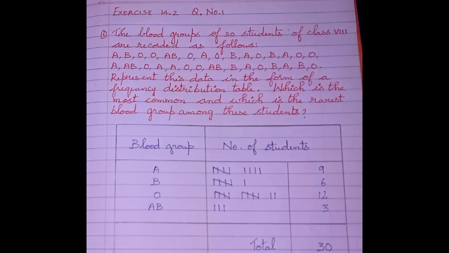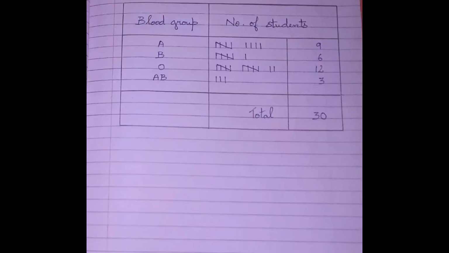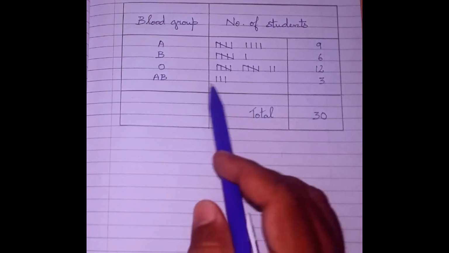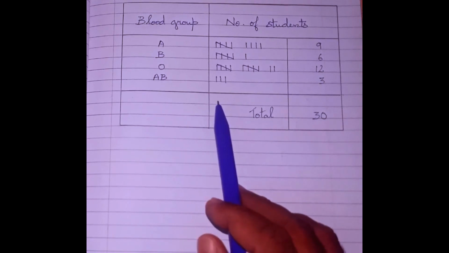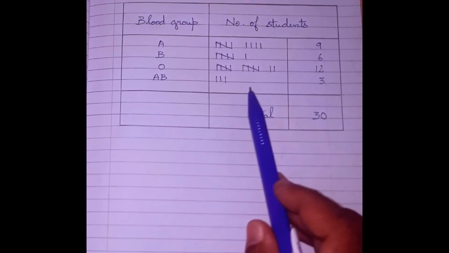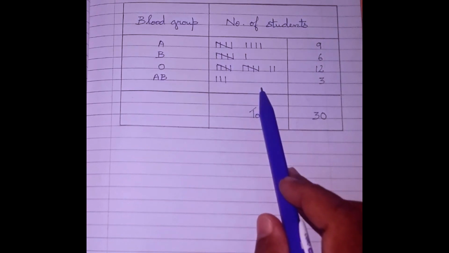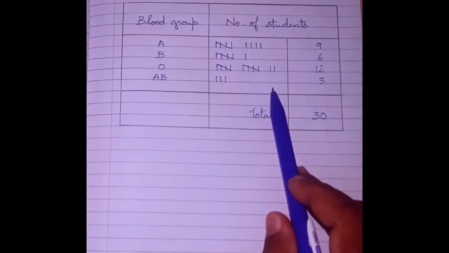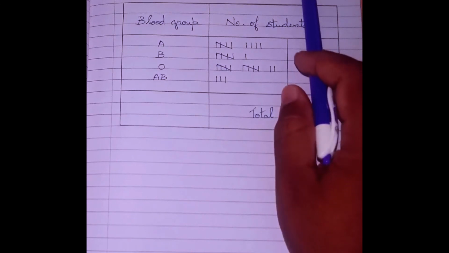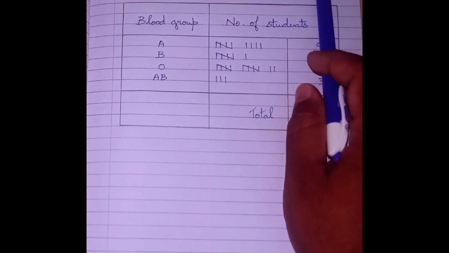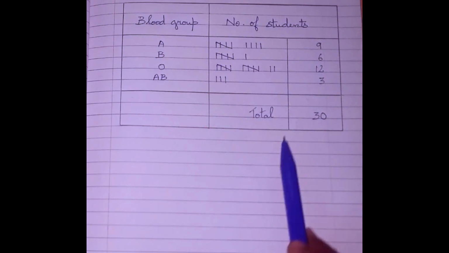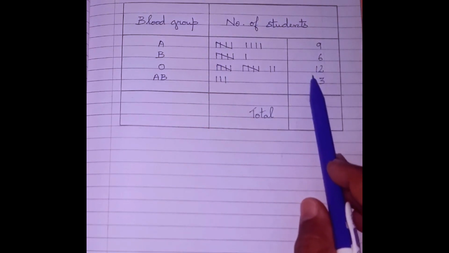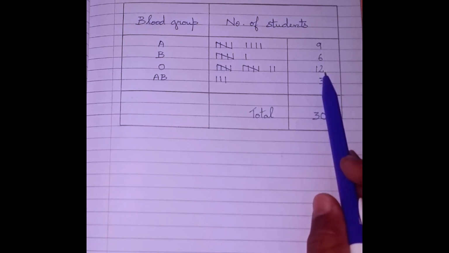Now we have completed the frequency distribution table. We are going to answer the questions they have asked. Based on this frequency distribution table, they have asked us 2 questions. We are going to answer those questions by looking at this table. The first question is, which is the most common blood group among the students? You can see that 12 is the biggest number here.